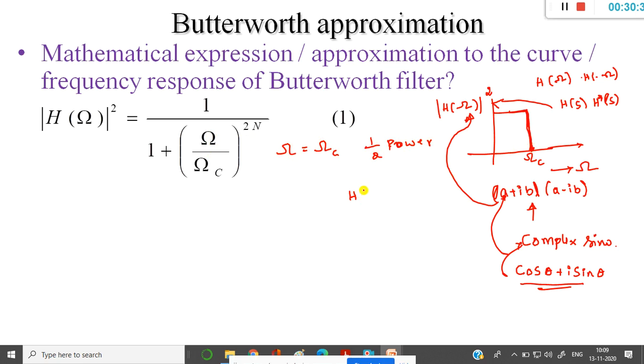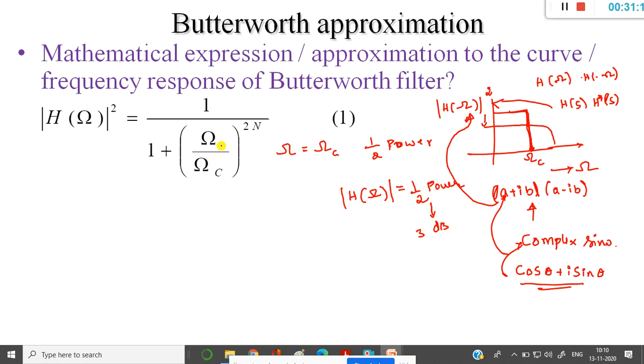That's what we call 3 dB in basic electronics or analog electronics, the minimum power at half power. So if I convert this to decibels, that comes to 3 dB, the half power technique.